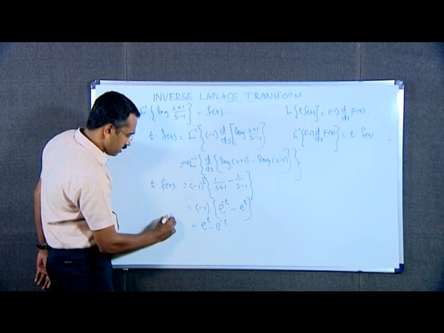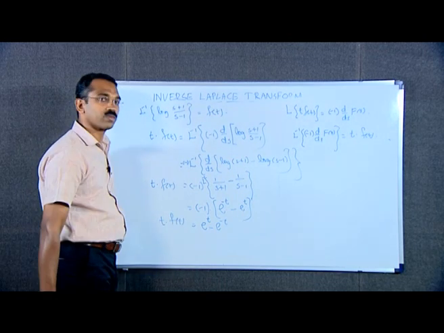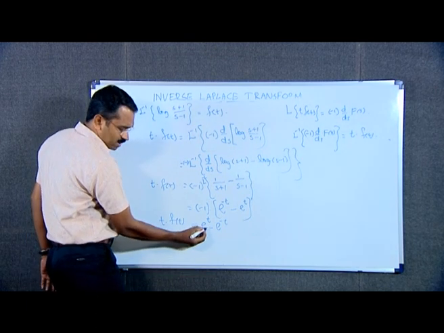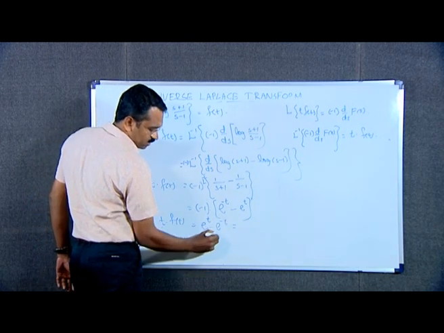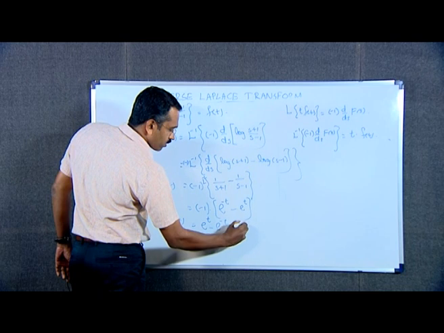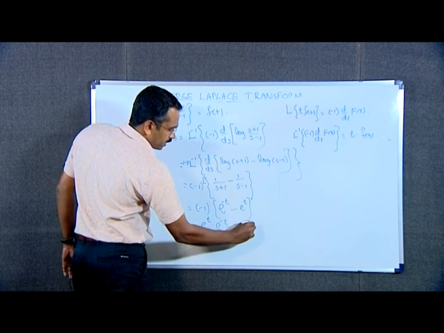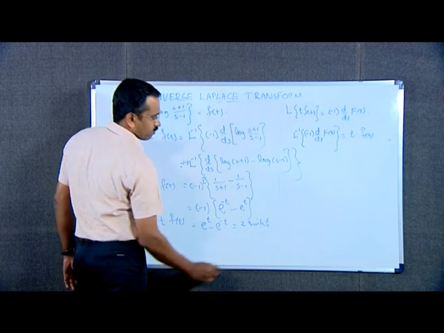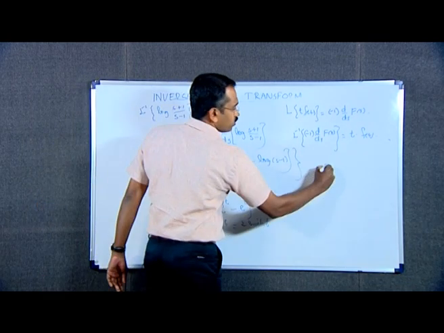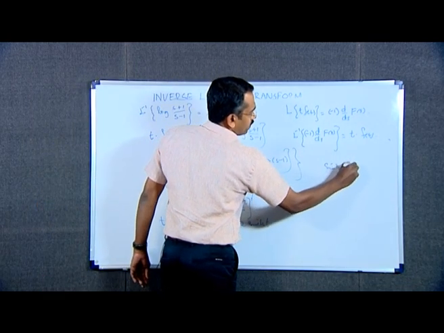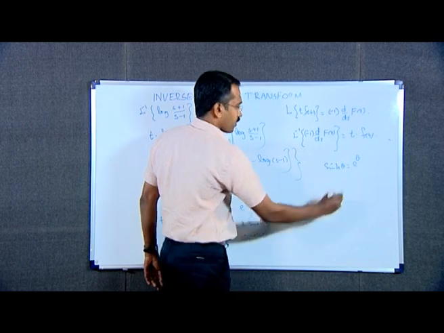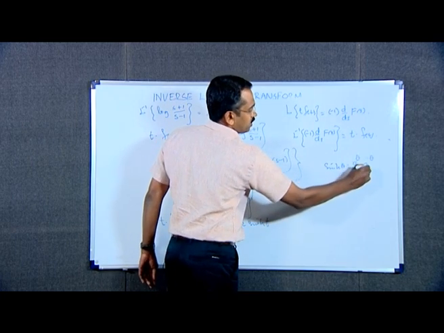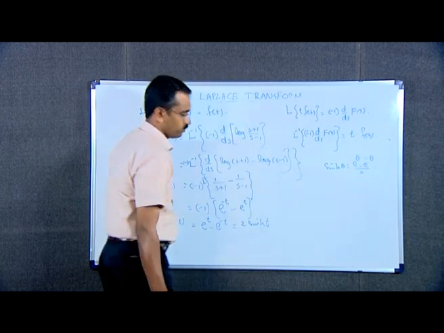The left hand side it is t into f of t. This e raised to t minus e raised to minus t can be written as 2 sin h t, because sin h theta equal to e raised to theta minus e raised to minus theta all divided by 2.